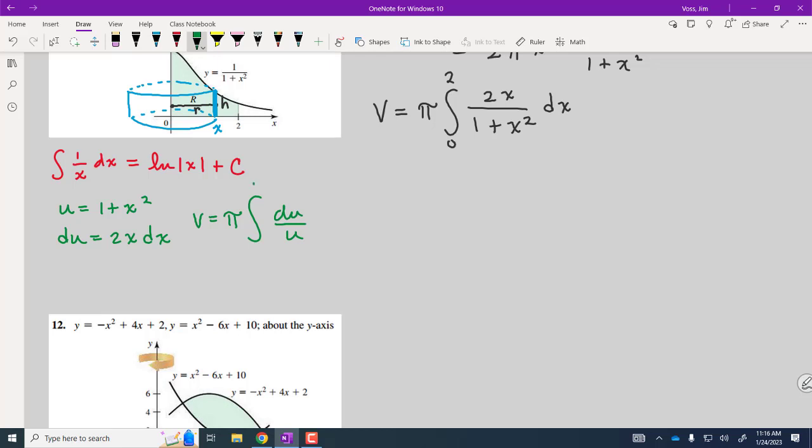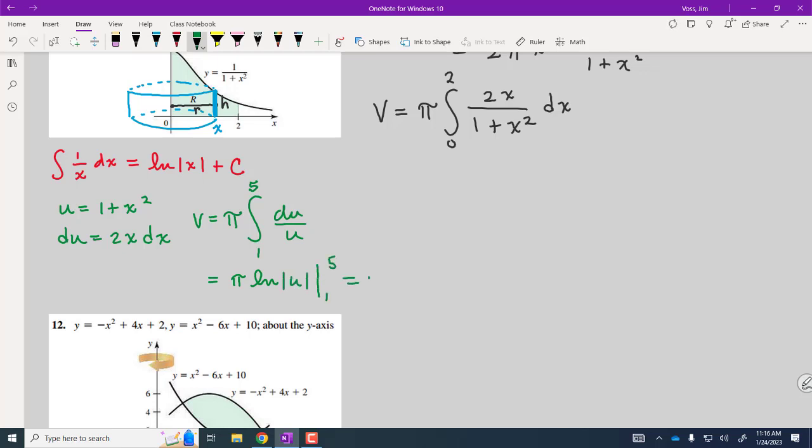Now here is an example where we could go to u limits if we want. It's pretty easy, so let's just do it. When x is 0, u is going to be 1. When x is 2, u is going to be 5. All right, and that's natural log of u. So this is pi ln, absolute value of u from 1 to 5.